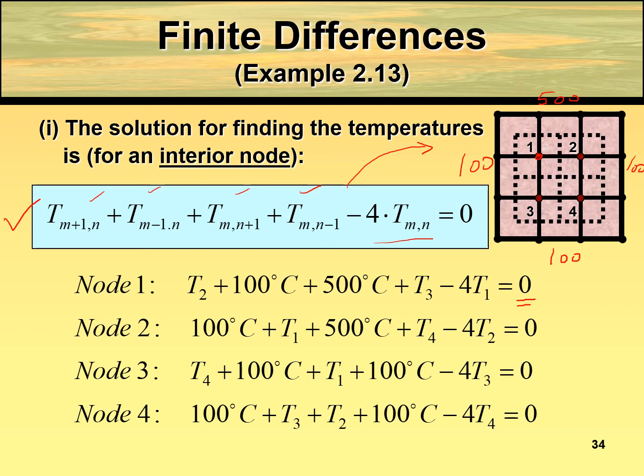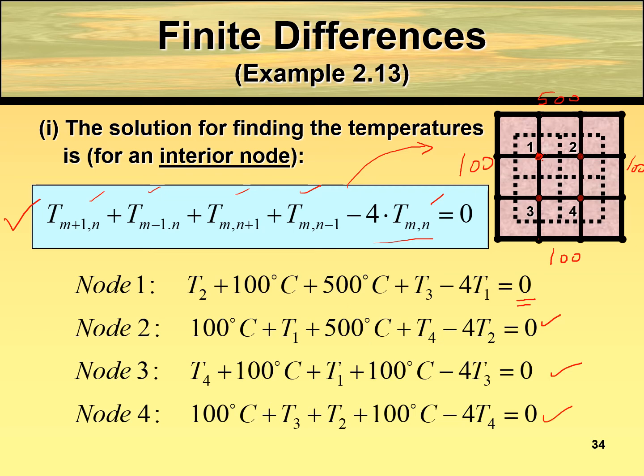Similarly for node 2, you take 500 plus T1 plus T4 plus 100 minus 4T2 equals 0. For node 3, you take T1 plus 100 plus 100 plus T4 minus 4T3 equals 0. And then for node 4, you take T2 plus T3 plus 100 plus 100 minus 4T4, and based on this you will get this equation.